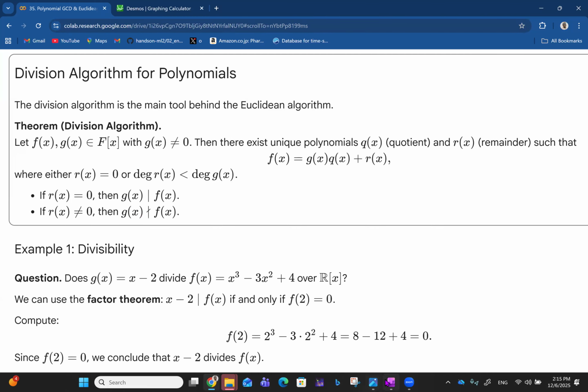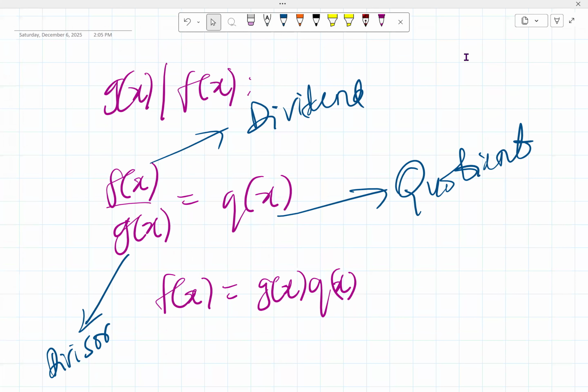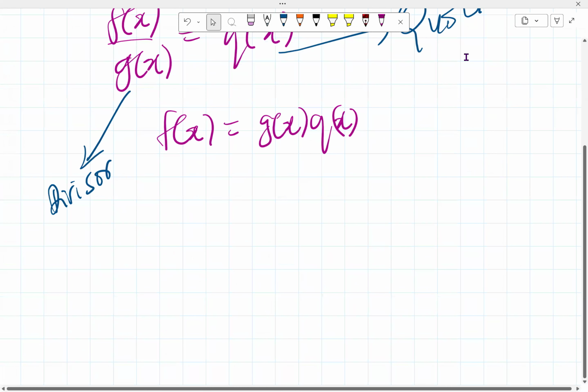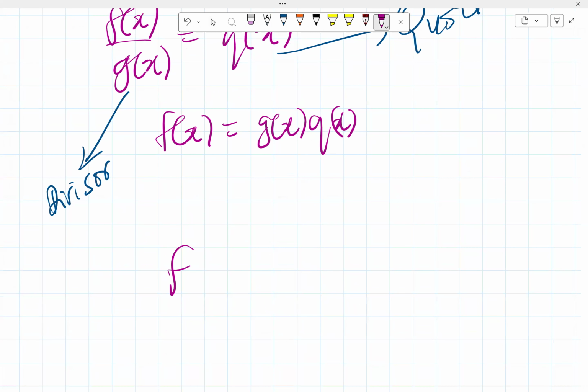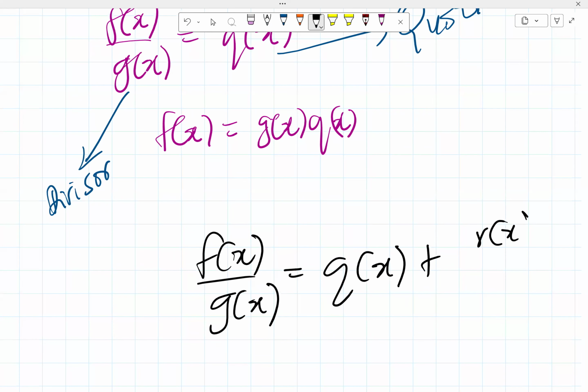Let me demonstrate that better from what we've had before. Imagine that you have f of x divided by g of x, and that gives you q of x plus a remainder r of x all over g of x, right?